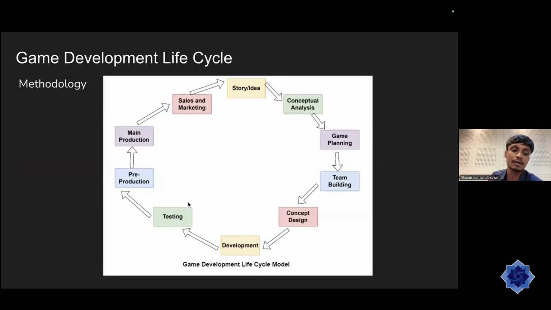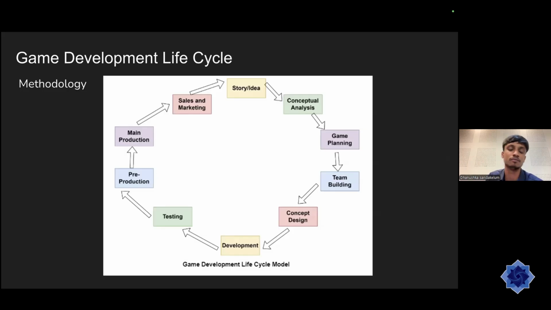Once the game has come to a certain state, we will release it as a pre-production or alpha release. So the closed end consumer group will play it and test it and find bugs, and we resolve them. And once the game is stabilized, we will release a main production release, so the global audience can download it as a standalone package and play it.